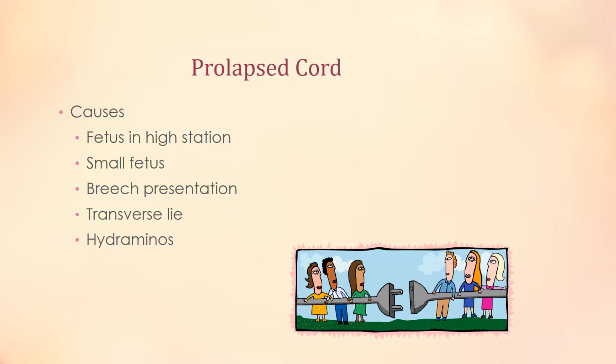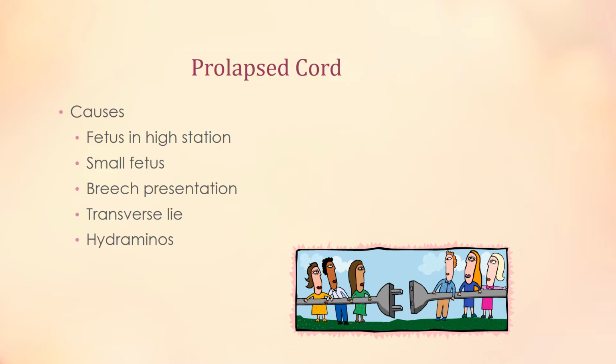If we do feel a cord whenever we do a sterile vag exam, you cannot move your hand. You need to keep the baby's head off of the cord until the mom is rolled into the OR to deliver the baby by cesarean. Always, always, the vag exams must be sterile.